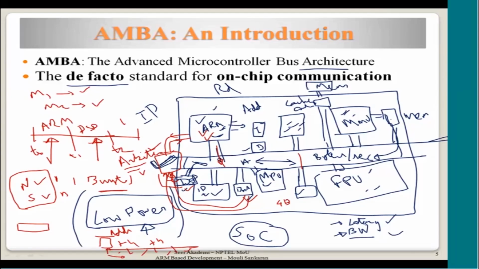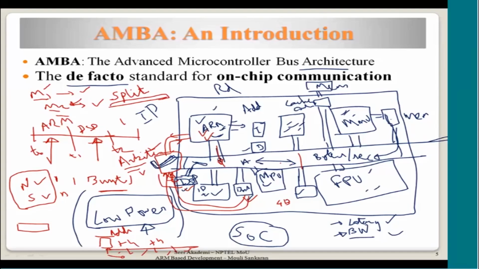Another option is each master initiating some transaction, and this gets done for some time, then another master gets the bus and its data gets done. So the transaction is split across multiple cycles. So split transaction is another feature of a bus.